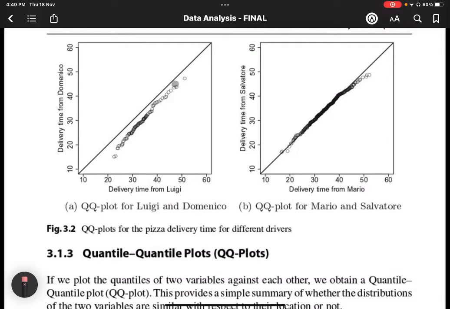But if our information goes below the line, then the performance of Luigi is greater than the performance of Mario.